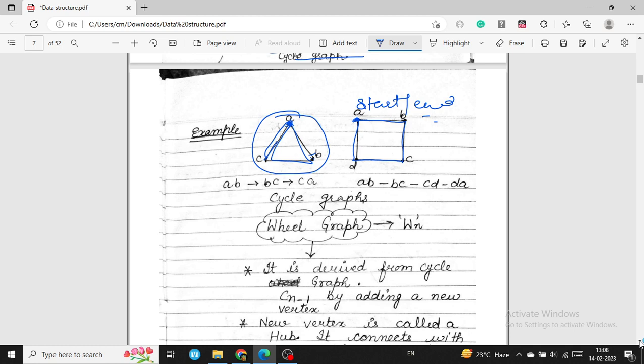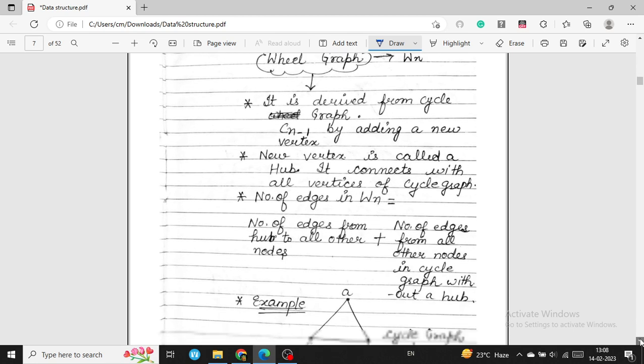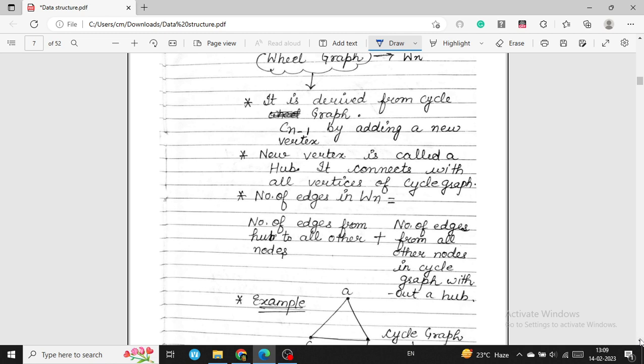Wheel graph is denoted by Wn and it is derived from a cycle graph. You should keep in mind that a wheel graph is derived from a cycle graph. And how to derive it?